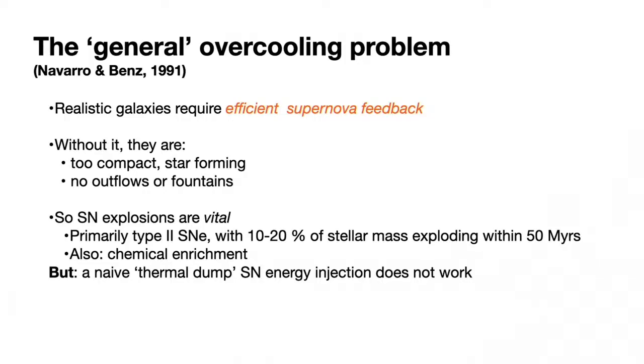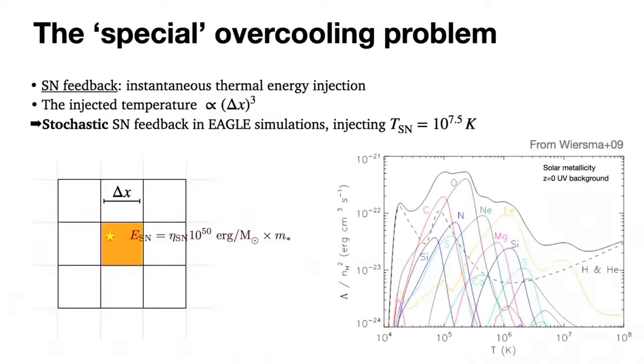So they tried to just do the simple thing. From each massive star, you get 10^51 ergs of energy. So they tried to just dump those 10^51 ergs from each star in your simulation into the local environment. And they found that it didn't do very much. That's because of the more spatial overcooling problem.